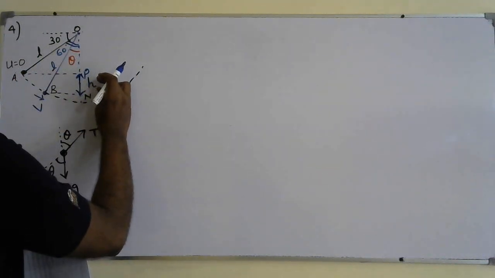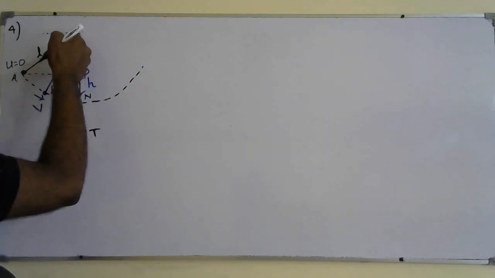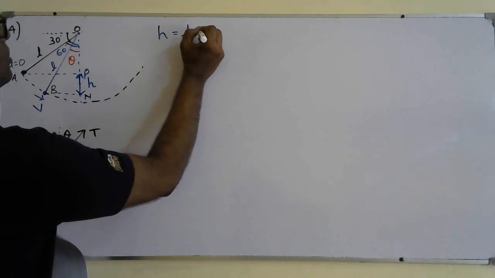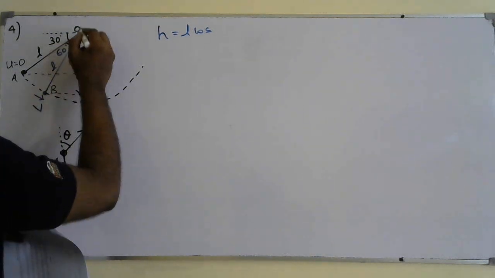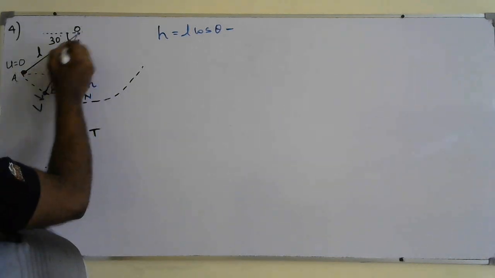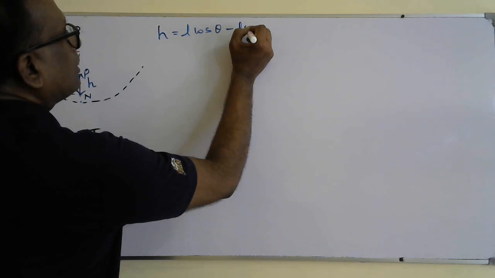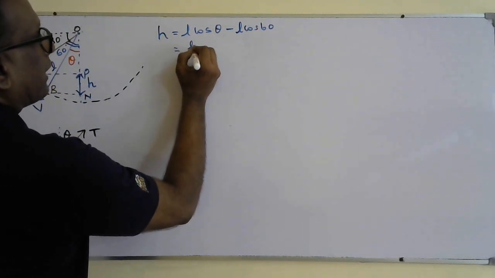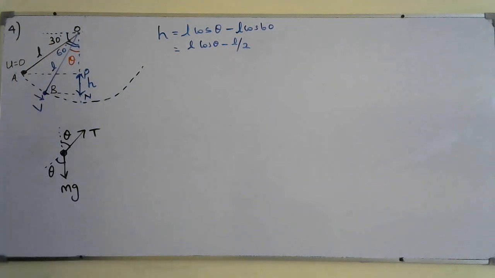So H is equal to L cos theta minus L cos 60. Initially it makes an angle 60 with vertical, that is L cos 60. So cos 60 is a half, so we can write H as L cos theta minus L by 2.